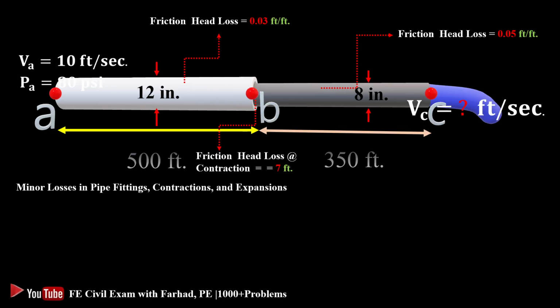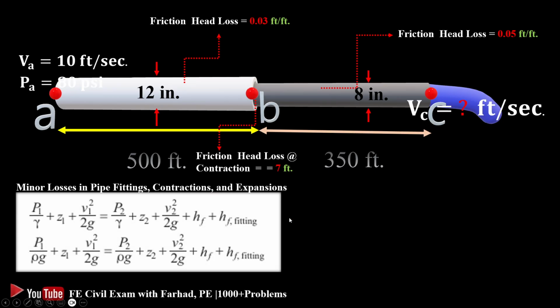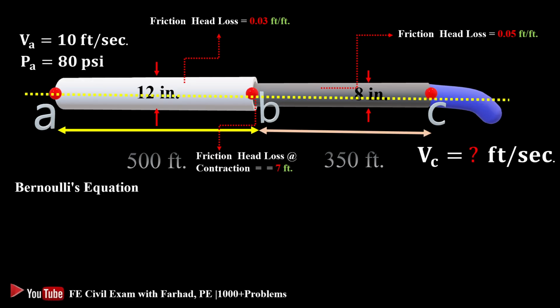If you go to the FE NPP references for minor losses in pipe fittings, contraction and expansion, in terms of Bernoulli's equation, you can find the Bernoulli's equation includes the head loss. This is definitely the Bernoulli's equation, and it can be found in the FE NPP references and any fluid mechanics or hydraulics reference book.